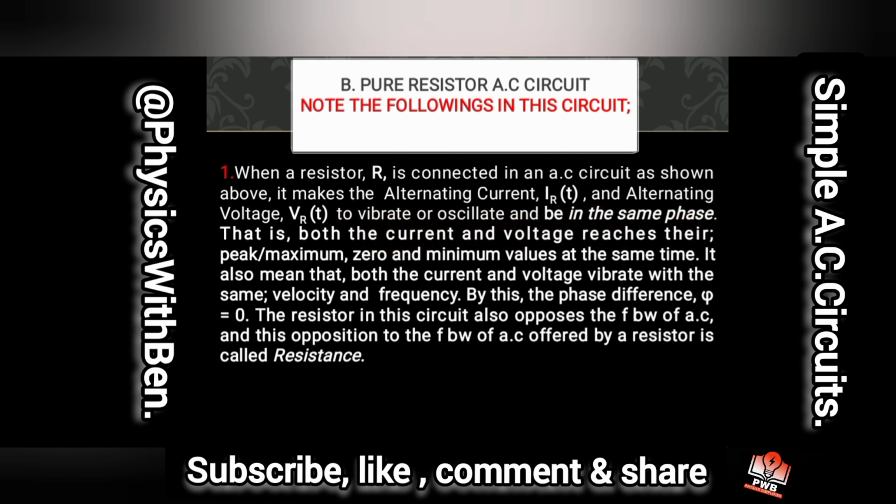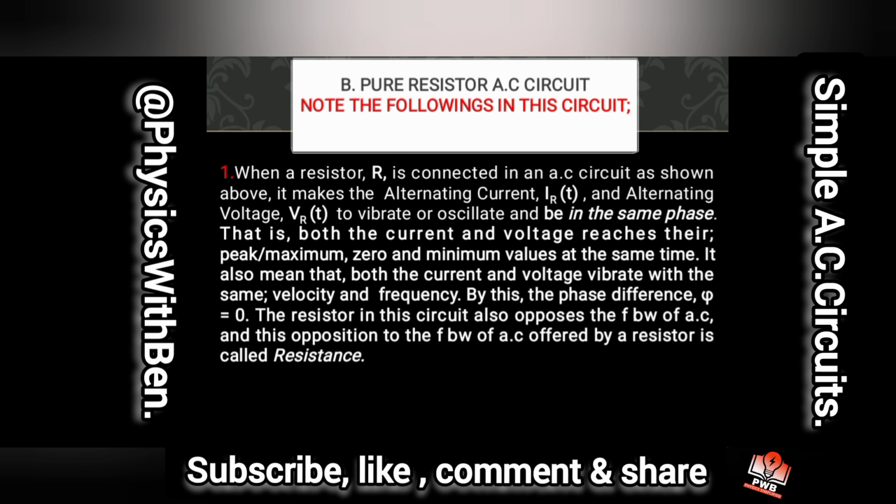I have already explained the meaning of in phase and out of phase in the previous slides. That is, both the current and the voltage reach their peak or maximum, zero and minimum values at the same time. It also means that the voltage and the current vibrate with the same velocity and frequency. By this, the phase difference phi is 0. I said all that before.